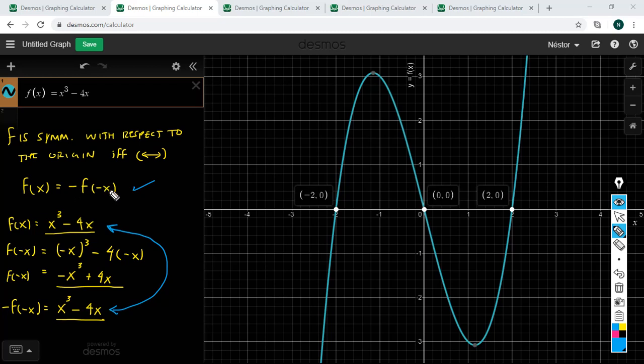You have to check either one of the tests, and if they check, that means that the graph is either symmetrical with respect to the y-axis, or symmetrical with respect to the origin, like in this case. Because sometimes it's hard to tell by looking at the graph. Sometimes it's hard, and this is the bulletproof way to know whether the graph is symmetrical with respect to the y-axis or the origin.